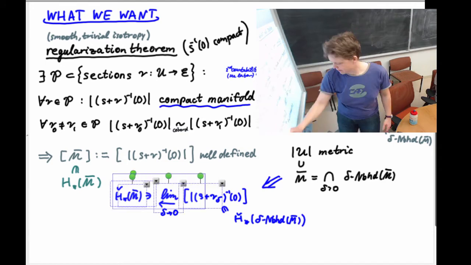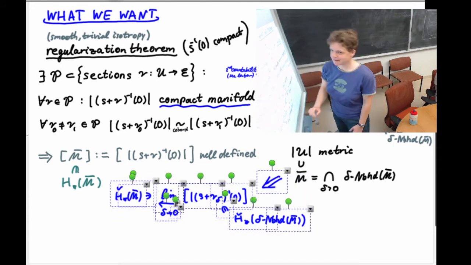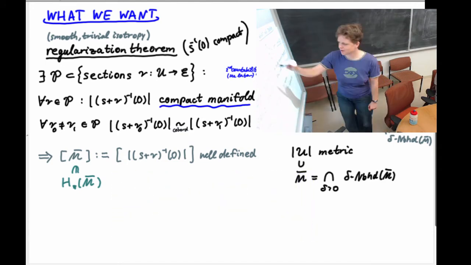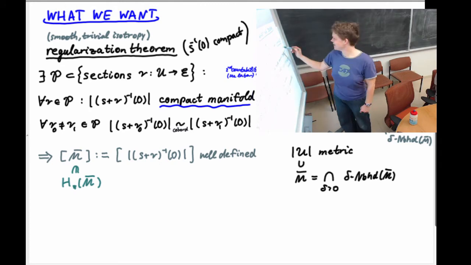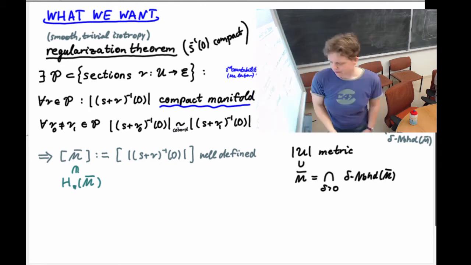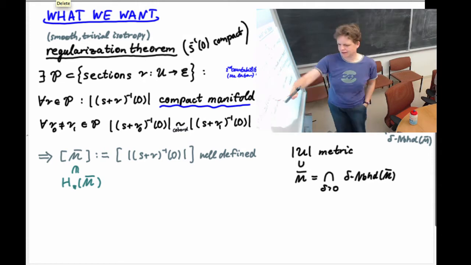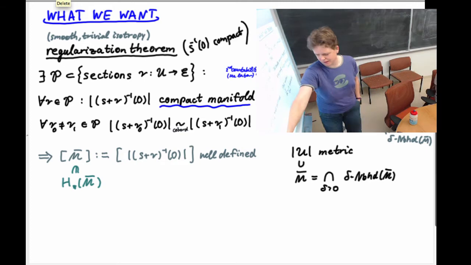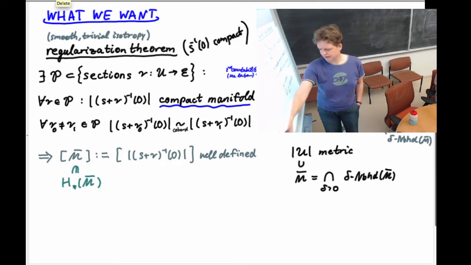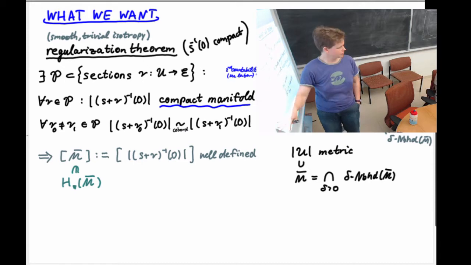So far, so good. Let me take these things out for now. But the first question here already is, now I get all these cobordant manifolds, so I would like to define my fundamental class as the fundamental class of these manifolds.